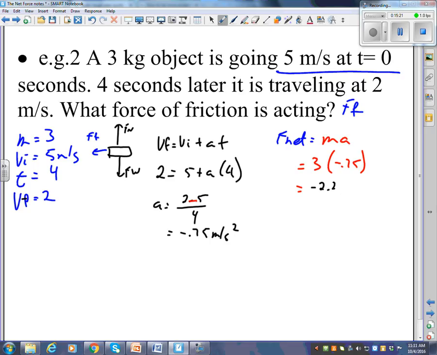Why did we say FF is equal to... FF is going to be the very last one. I was starting, and then I realized, oh, that's actually the last statement. 3 times minus 0.75, isn't it? Yeah. And now I'm going to ask what friction force is acting. Now I'm going to make that statement. F net is FF, and so the friction force is minus 2.25 newtons.